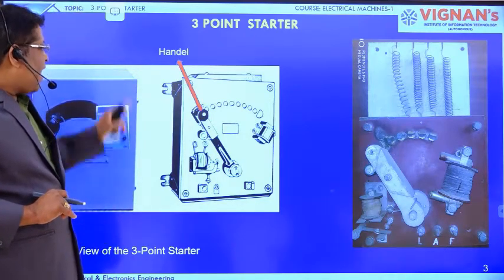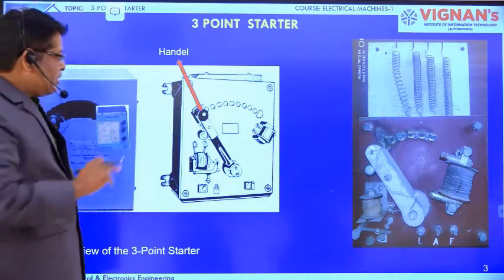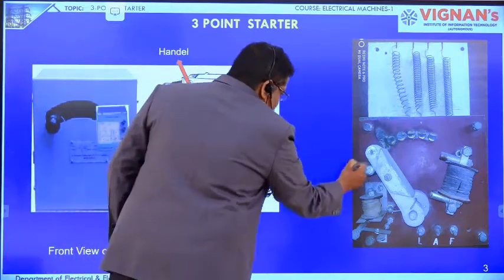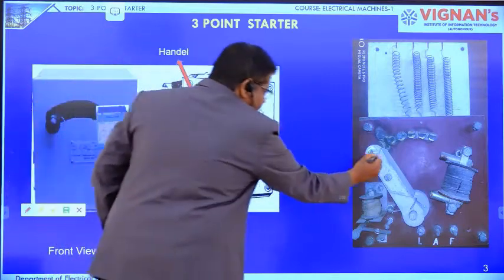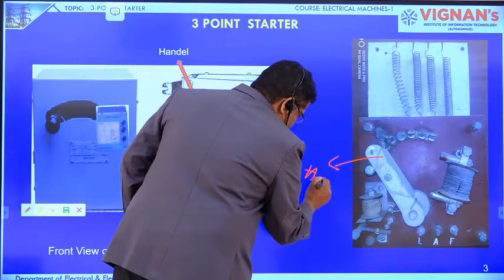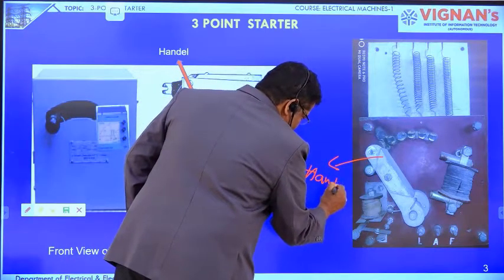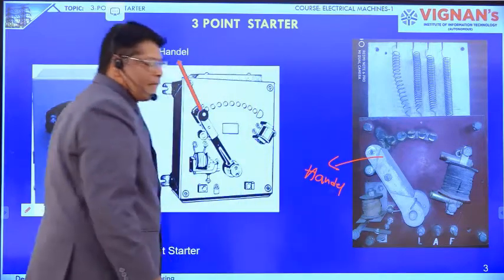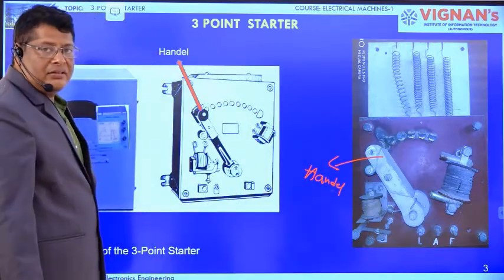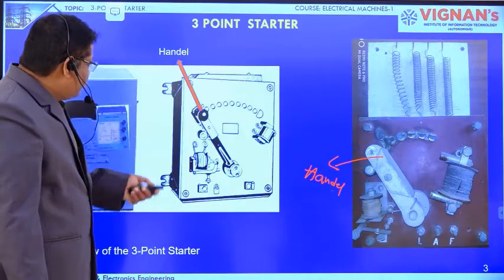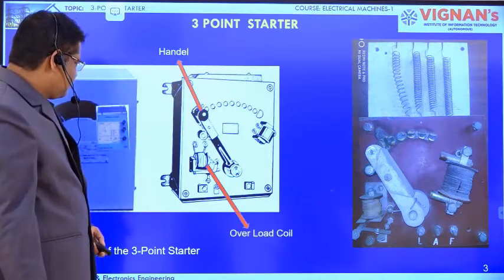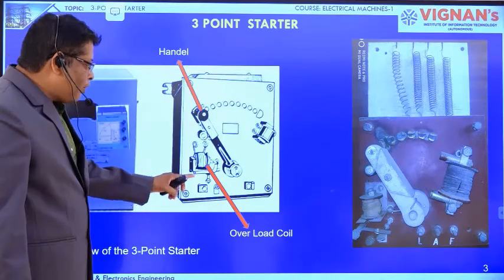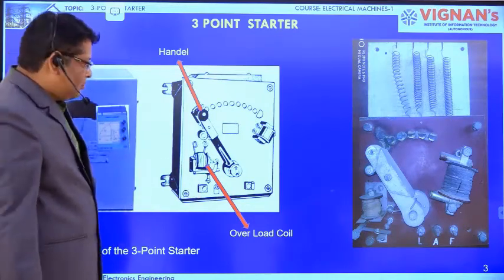This is nothing but the handle. In this diagram, this is the handle. Now, the overload coil.